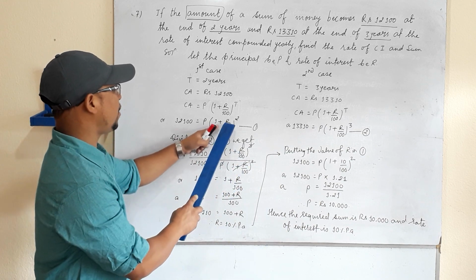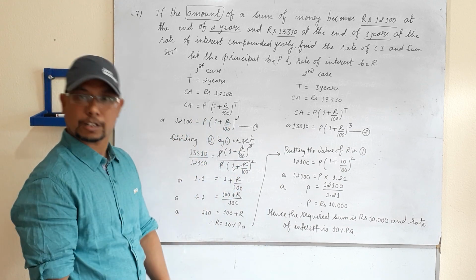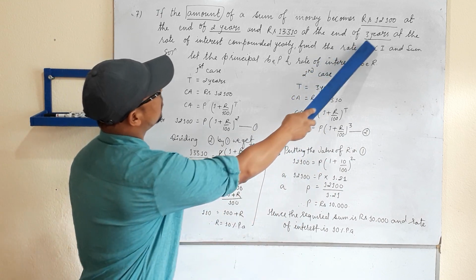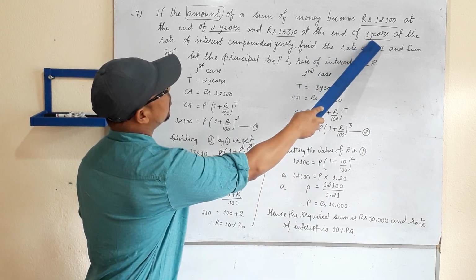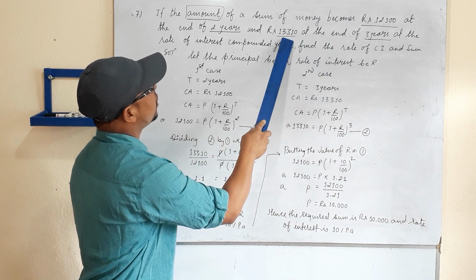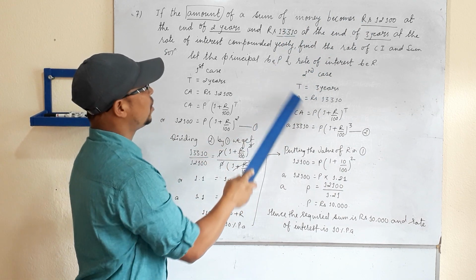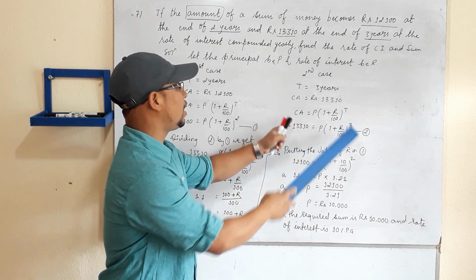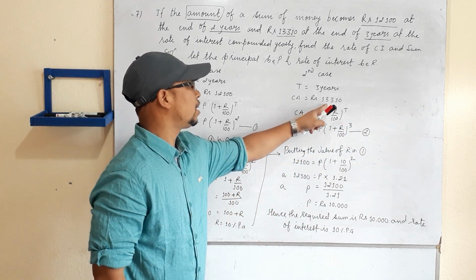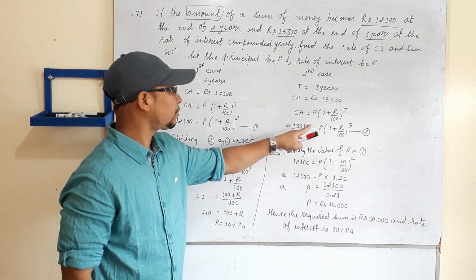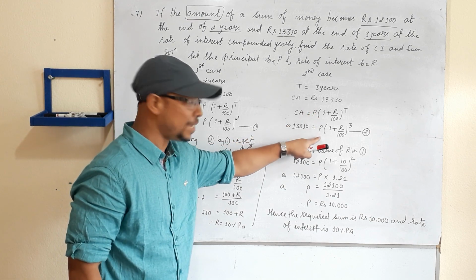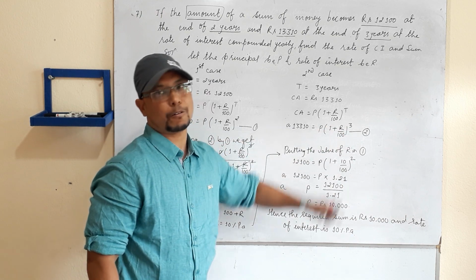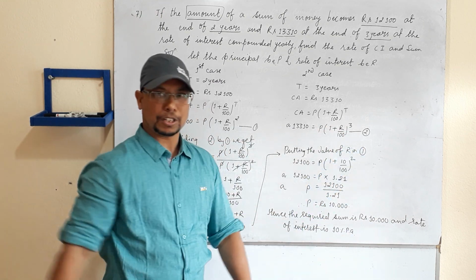And we are supposed to find the rate and principal. Similarly in the second case, the time is 3 years and the corresponding amount is 13,310 rupees. Using the same formula, 13,310 rupees equals P times (1 plus R by 100) whole power 3. Let it be equation 2.